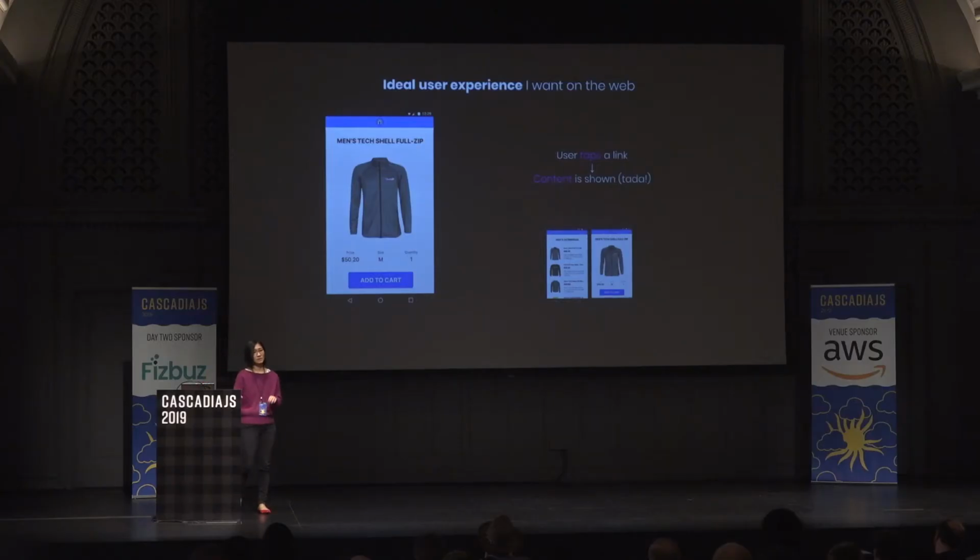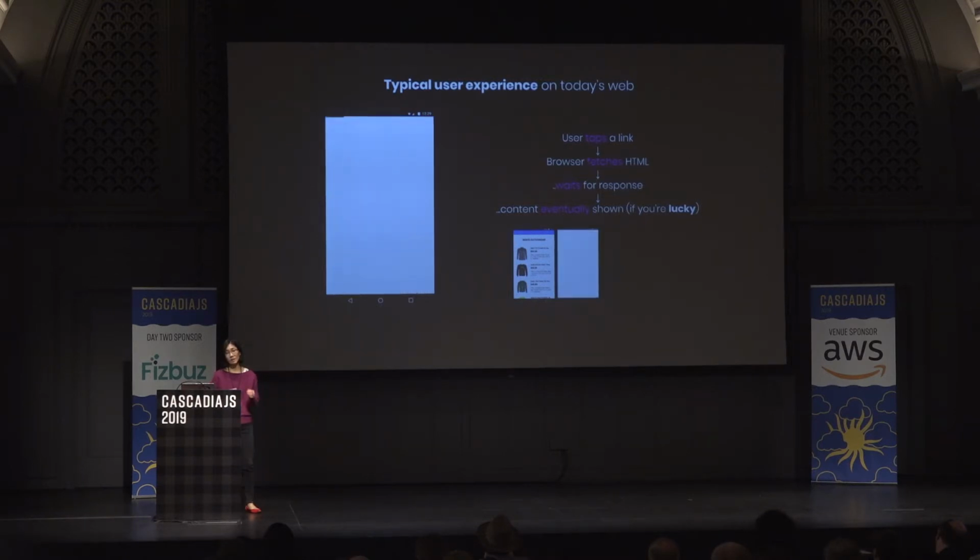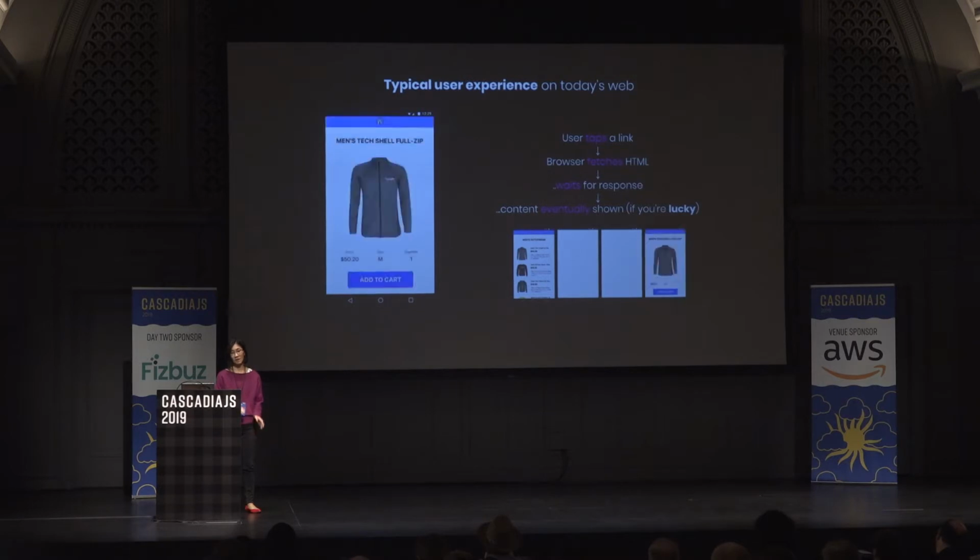For example, this is an ideal user experience I would want to have. If the user types something, the information should just immediately show up, and there should be no friction. But this would be the typical user experience on mobile web today. The user types something, the browser does something, then content will eventually show up if you're lucky.